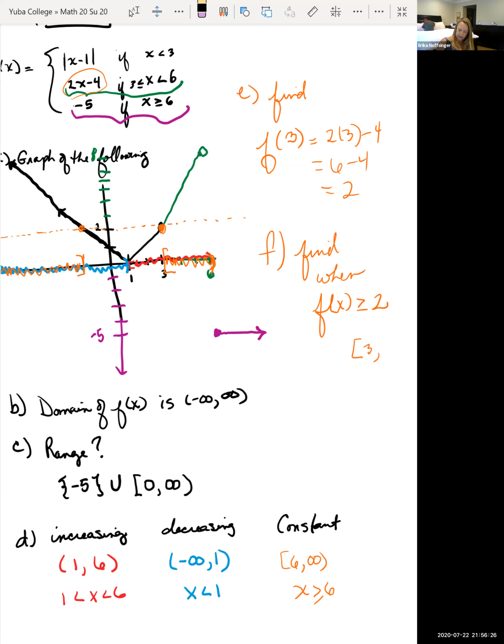Not including 6, union. So I need to figure out this value here for x. Well, let's determine what piece of the equation we're using. Well, that was absolute value of x minus 1. So we're looking at the absolute value of x minus 1. When is that equal to 2?